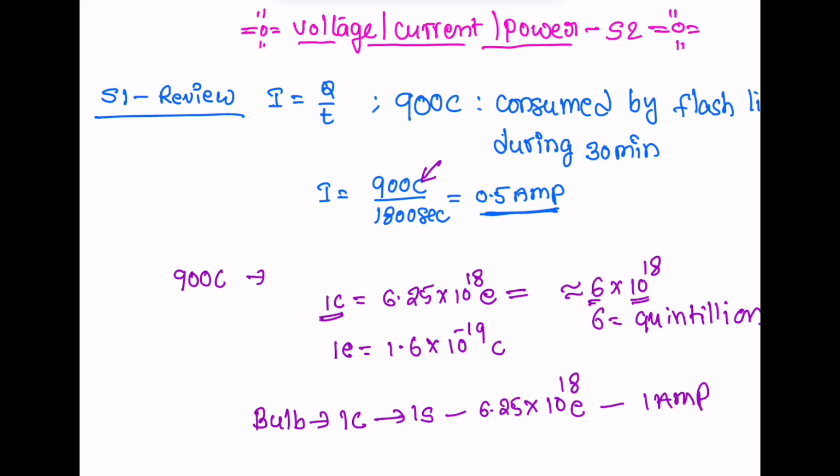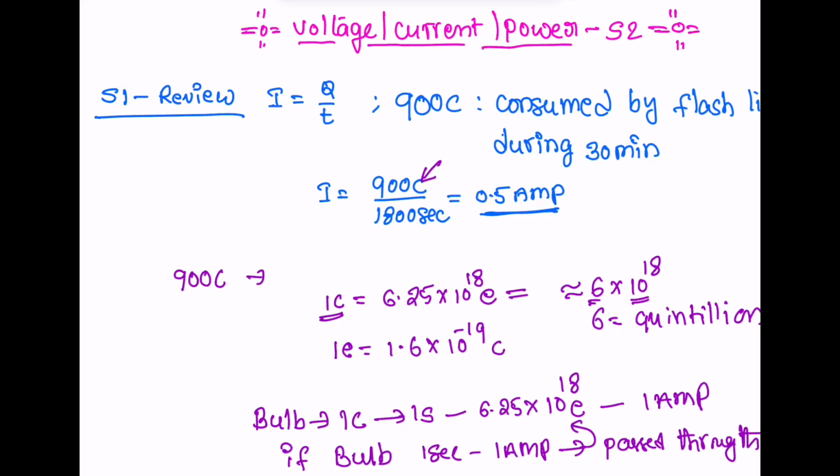In other terms, if I say the bulb consumed 1 amp per 1 second, this many electrons pass through that bulb.